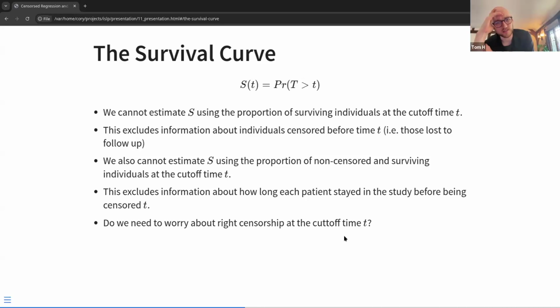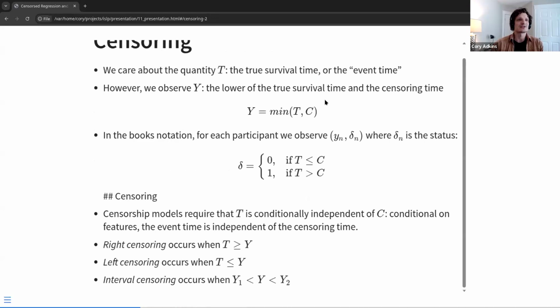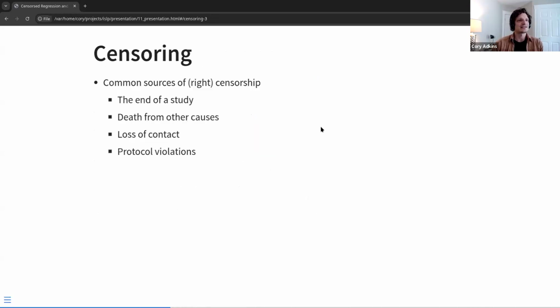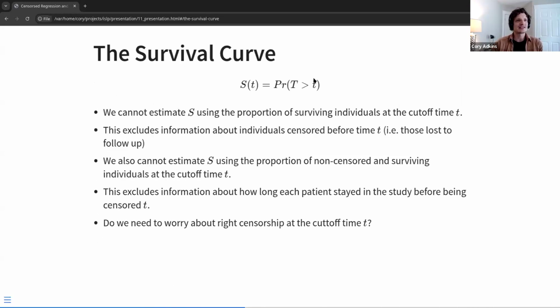The lowercase t isn't the cutoff time. So it is the cutoff time. I think in this conceptualization, I don't think they're treating the cutoff time as a censoring point. I was a little confused by this, but I actually think in this one, they're not.